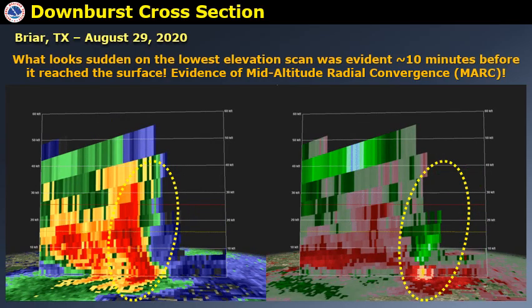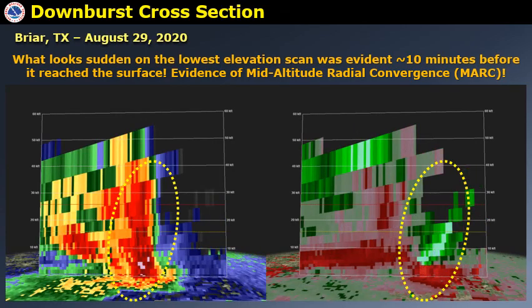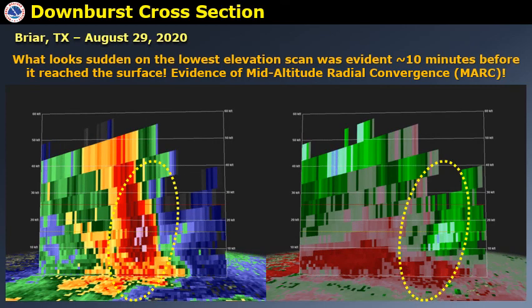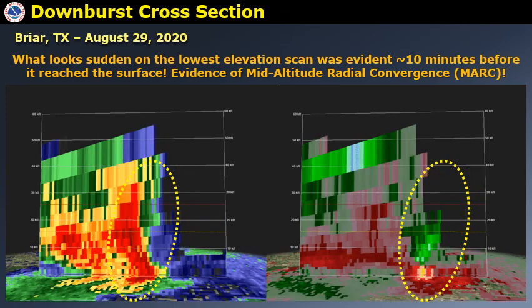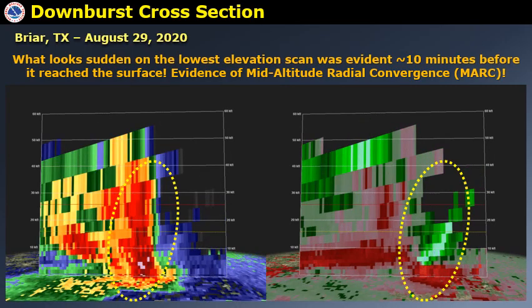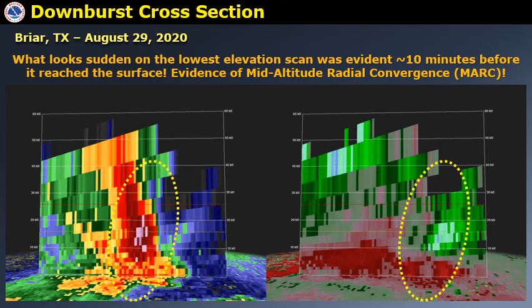This is occurring around 10,000 feet above the ground level in the middle of the storm. So hopefully it's no surprise that we call this a mid-altitude radial convergence, or MARC, signature. Now, given this environment, which we're going to discuss shortly, we may have a precursor of the potential for a strong to possibly damaging wind event.